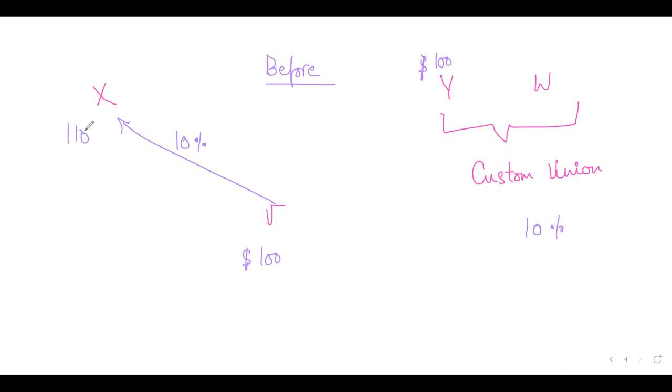And similarly, the car imported from Y would have also cost you the same, $110. Are you guys following me? But why was X importing from V and not Y?